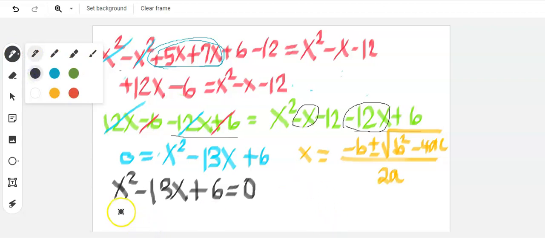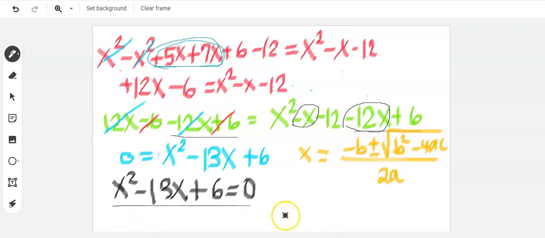In this quadratic equation, our a is equal to 1, our b is negative 13, and our c is equal to positive 6.